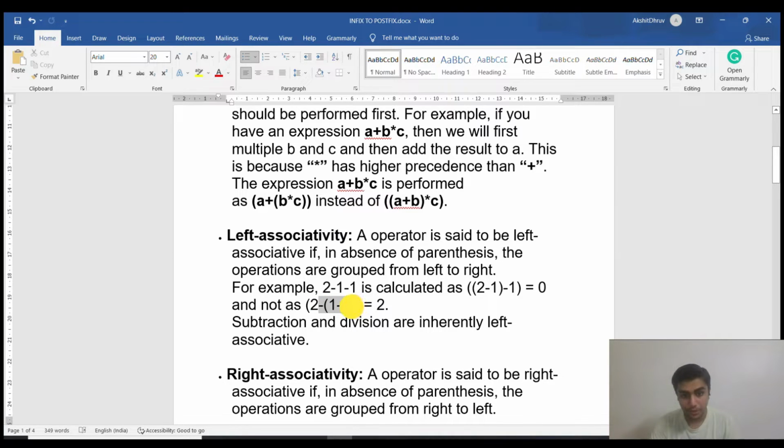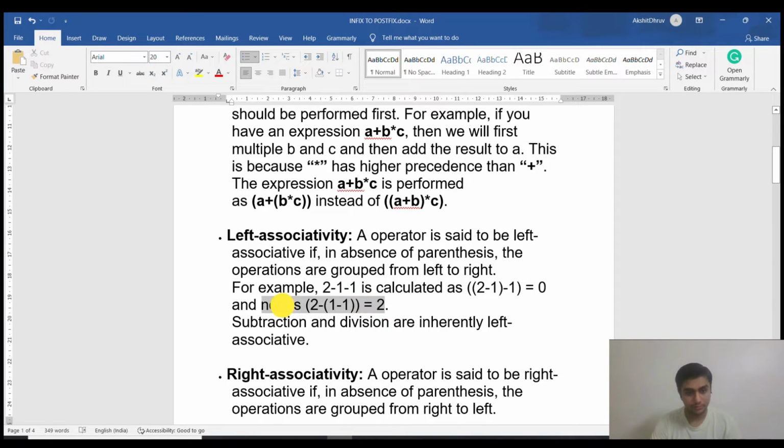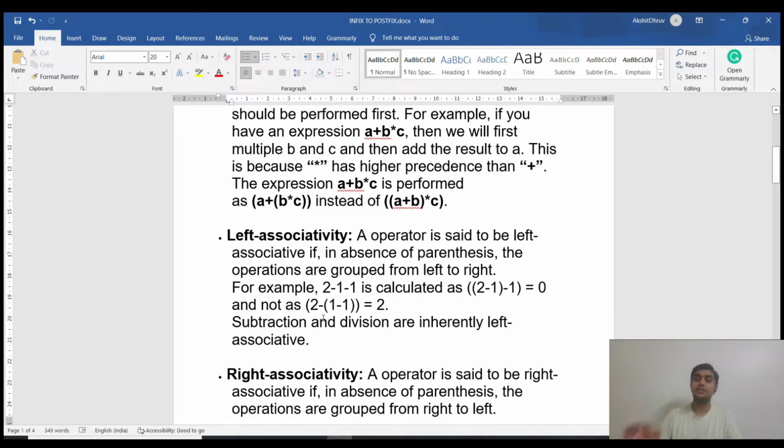If we put round brackets around this 1 minus 1, and after that subtract it from 2, then 1 minus 1 is 0 and 2 minus 0 is 2. So this is not correct. So in this type of question where subtraction and division come, they inherently have left associativity. Whenever the subtraction symbol comes, it by default has left associativity.